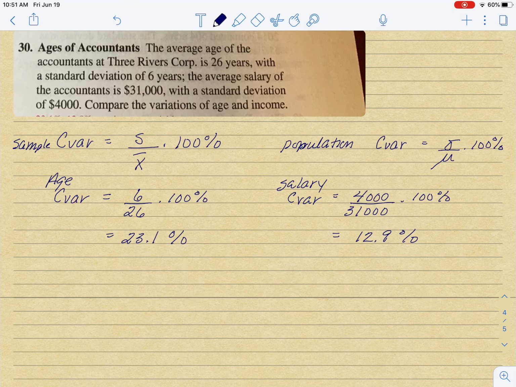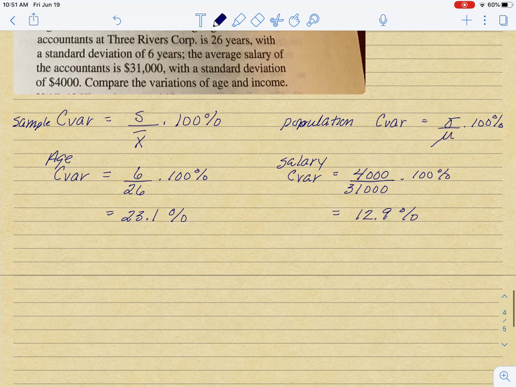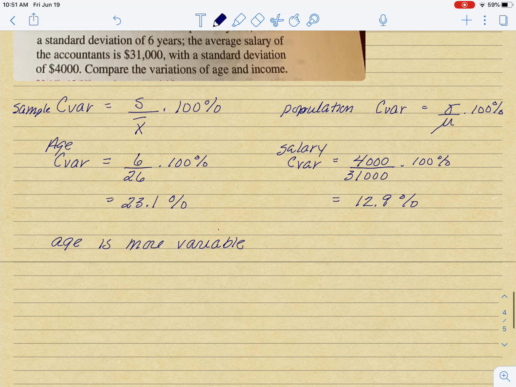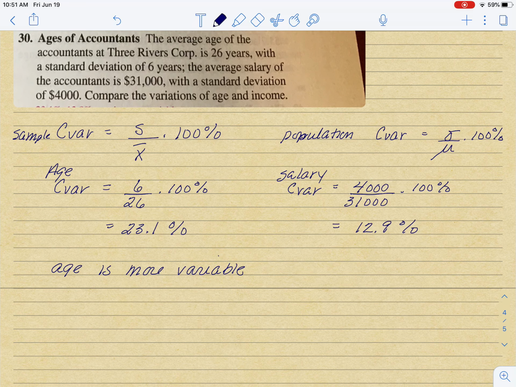So the age is a bigger number. The CVAR for age is bigger than the CVAR for salary, so the age is more variable, right? Because it has a bigger value. All right. So there's more variability in the age than there is in the salary.